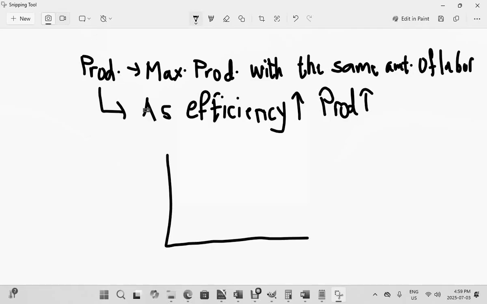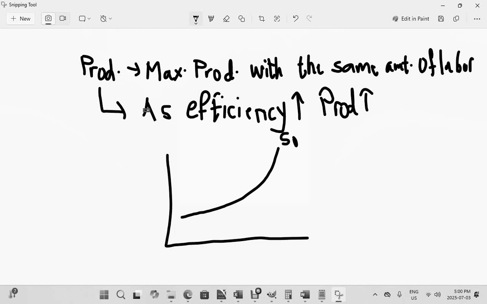All right. So as the productivity grows, it's going to impact your short range average supply curve and your long range average supply curve. So you have SRAS and your LRAS. Suppose this is your SRAS over here, and this is S0.